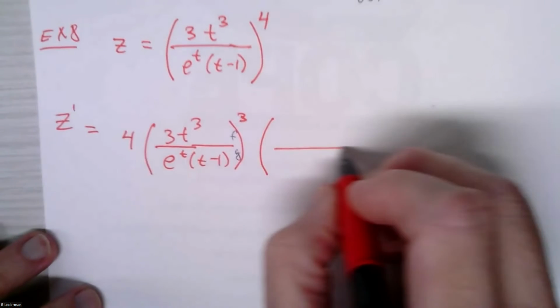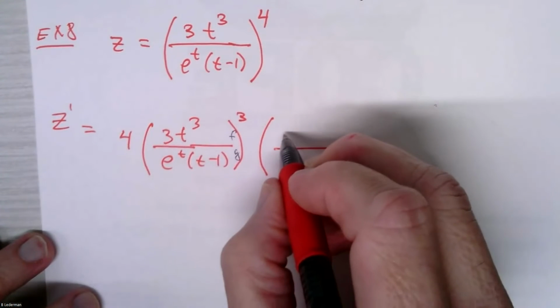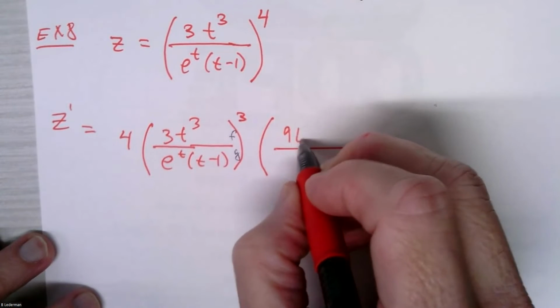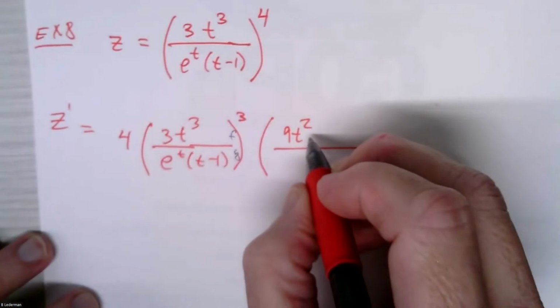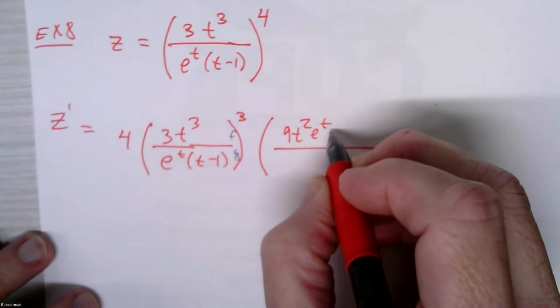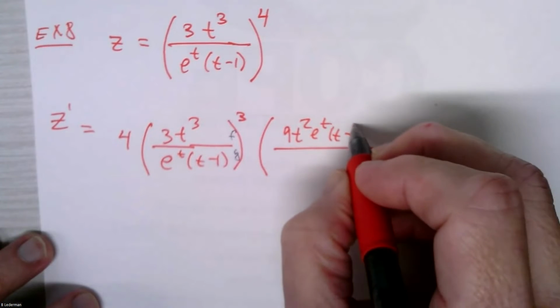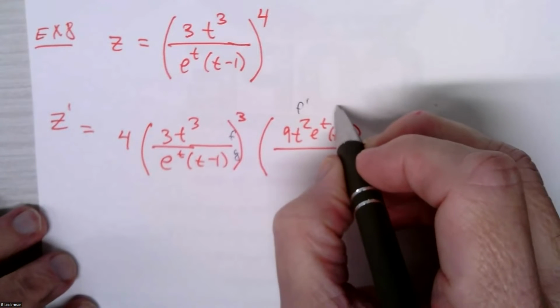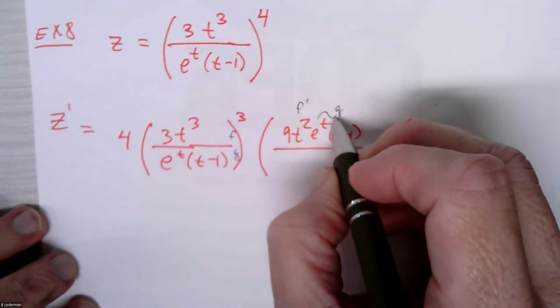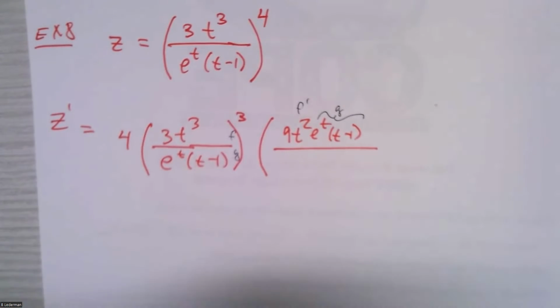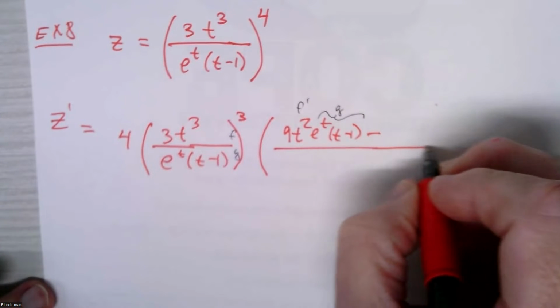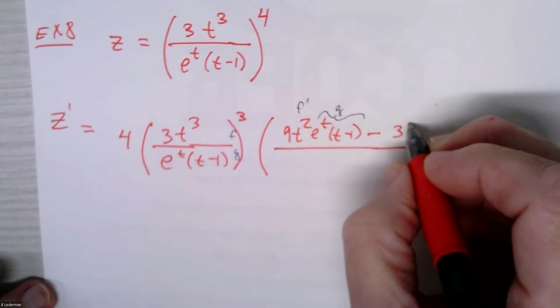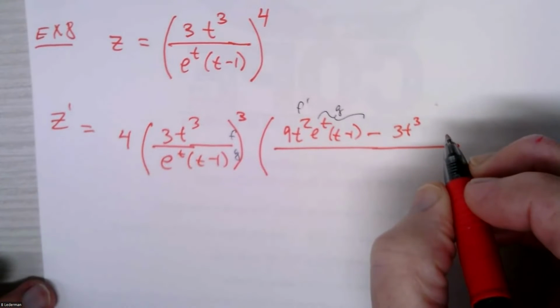First we have f prime, which is 9t squared, times g, which is e to the t times t minus 1. That's my f prime. That's my g. Minus f, which is 3t cubed.